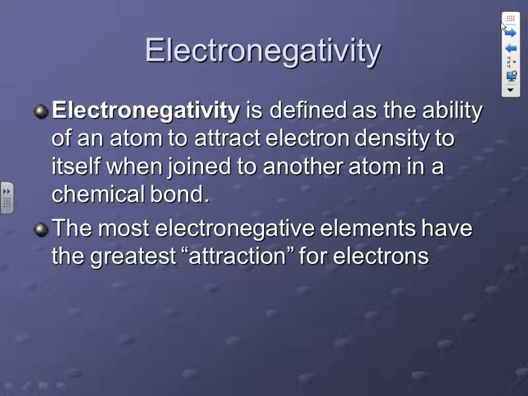Electronegativity, as defined up on the board, is the ability of an atom to attract electrons to itself when joined to another atom in a chemical bond. If we're personifying an atom, it's the ability of an atom to share nicely with other atoms.